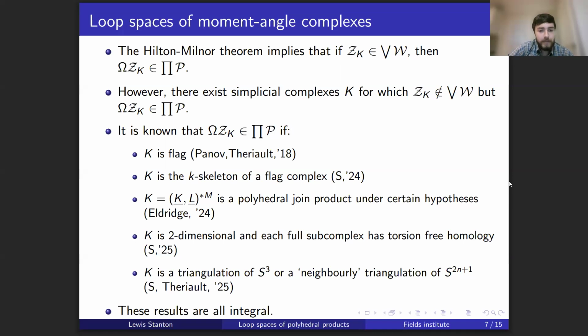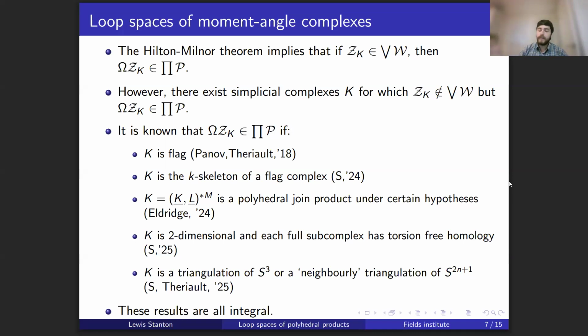Brian Eldridge spoke on Monday about looking at when this collection P is closed under certain polyhedral joins. And then if you move up to the two-dimensional case, I show that under certain circumstances, you get that these are in P. And this case is actually part of a slightly wider decomposition where you can get one for any two-dimensional simplicial complex.